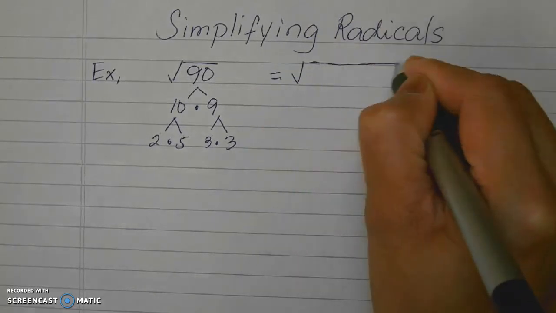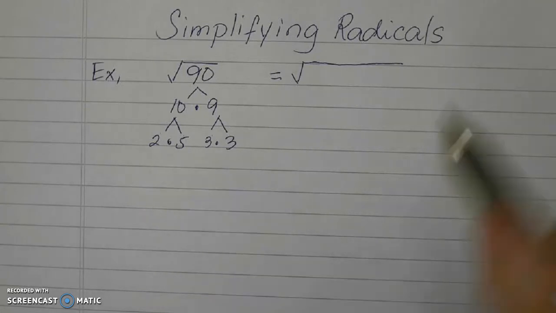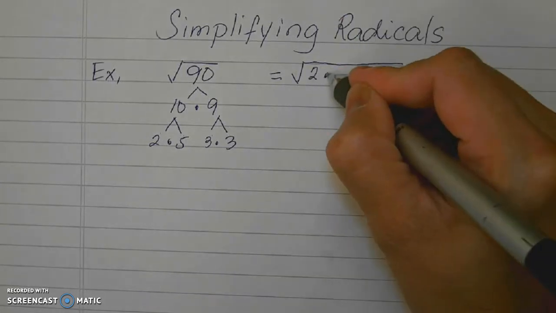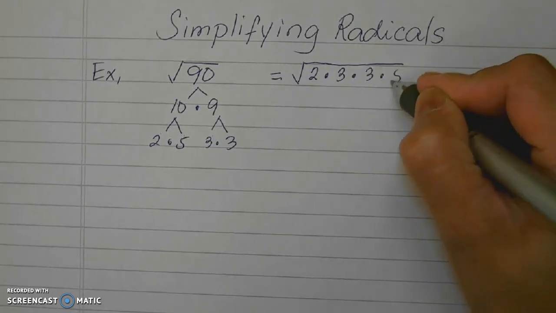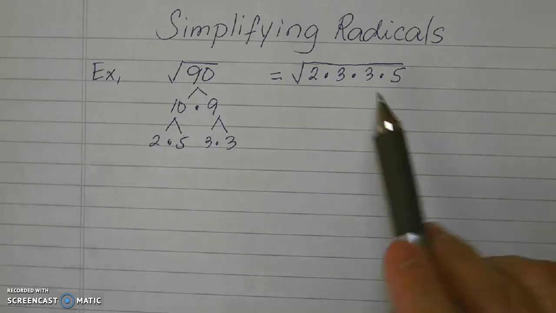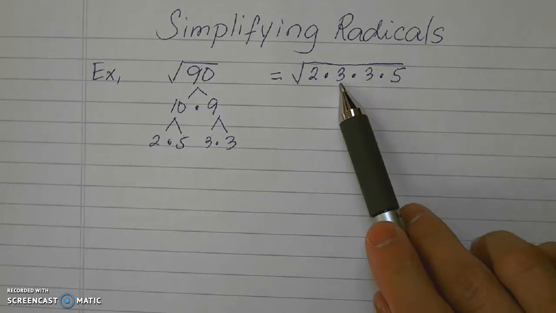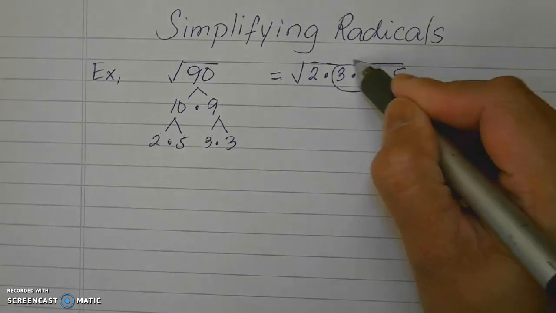I would suggest just arranging them from least to greatest. So I'll have 2 times 3 times 3 times 5. The way to simplify radicals is to look for pairs. Let's say 3 and 3, they have pairs, so then we can get the square root.